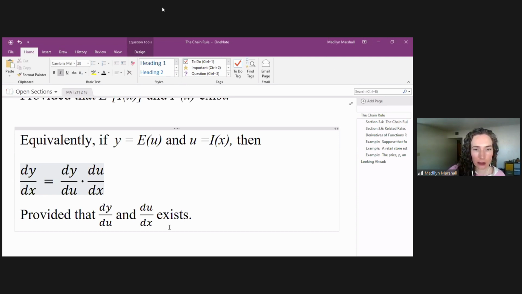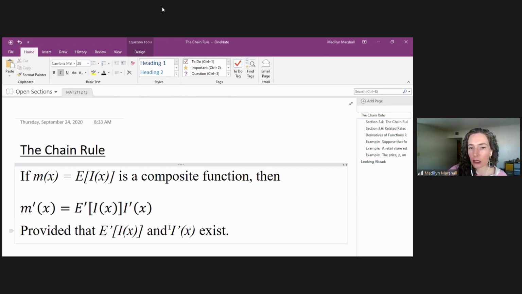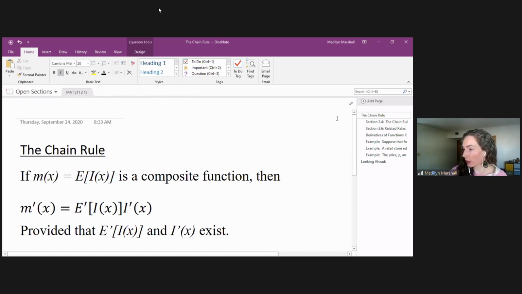On Tuesday, we saw the definition of the chain rule. And we have really two ways of expressing the chain rule through two different definitions.